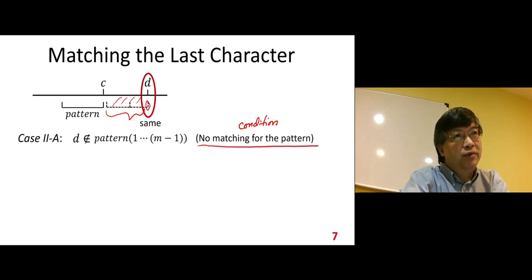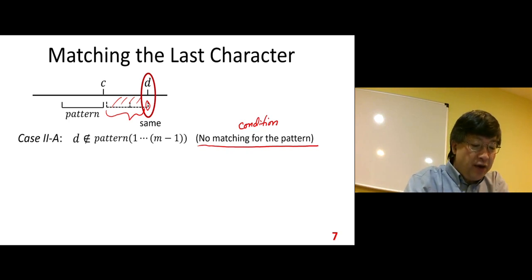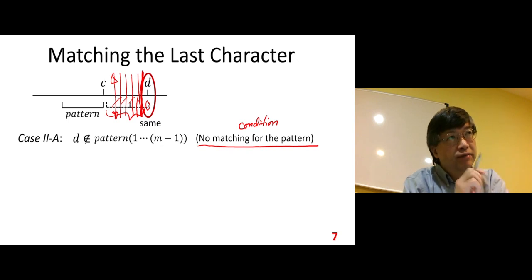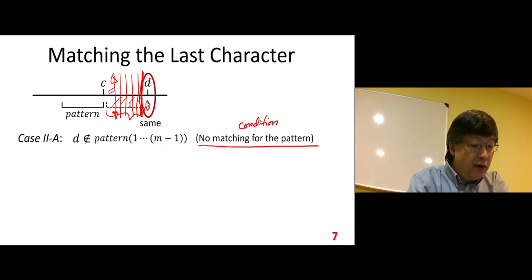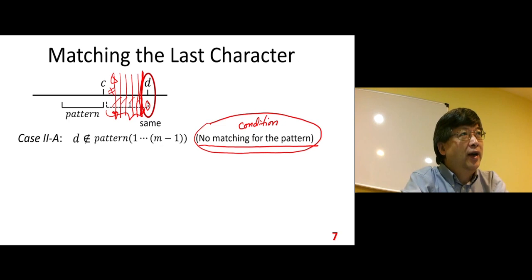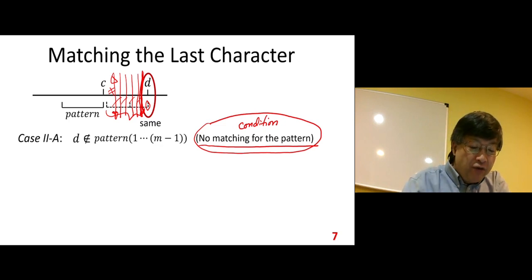Otherwise, we compare the second. Are they the same? If they are the same, third and fourth will keep comparison, but at one step we find not equal. Then we have this condition, no matching for the pattern.